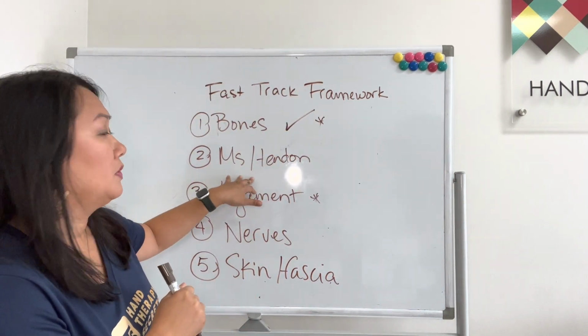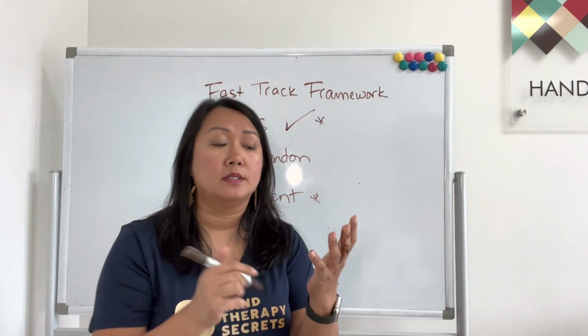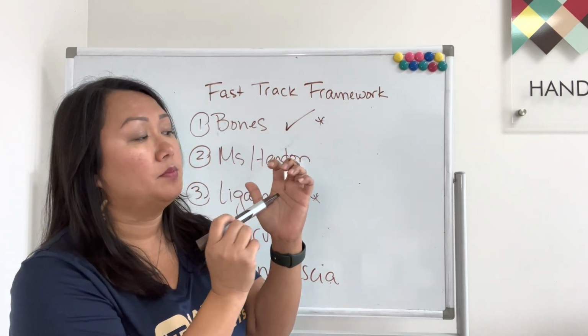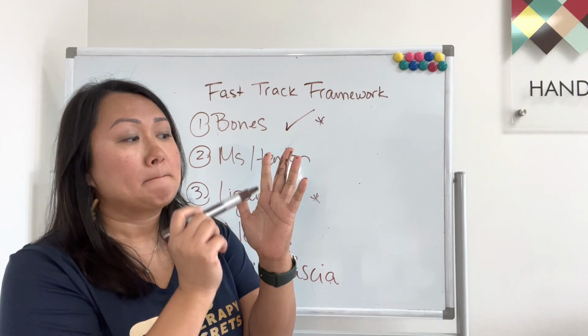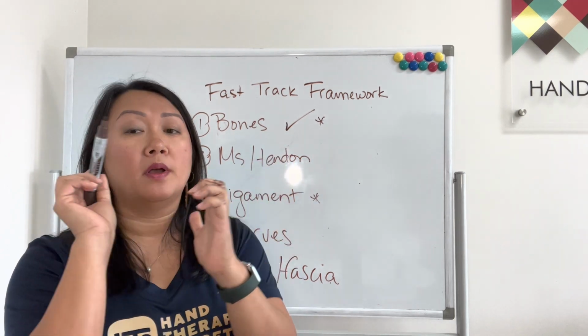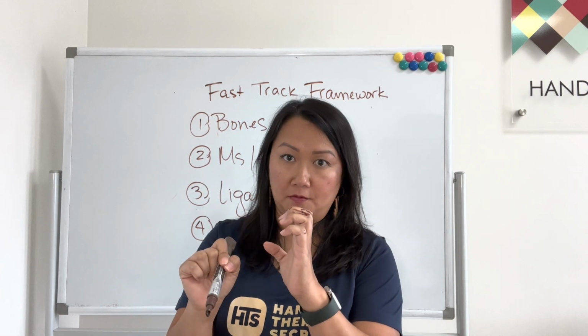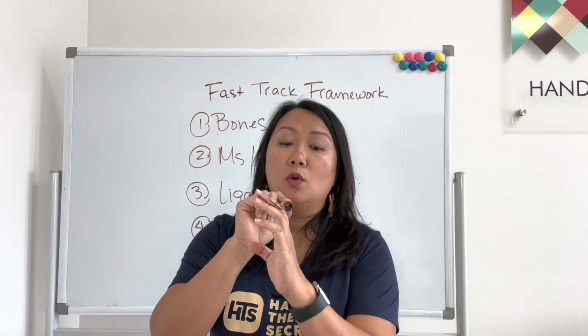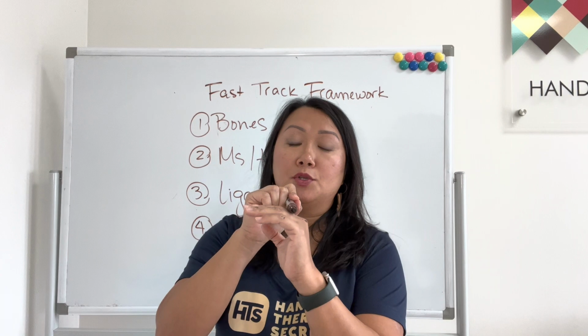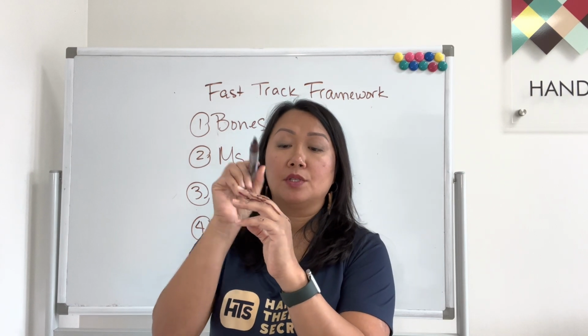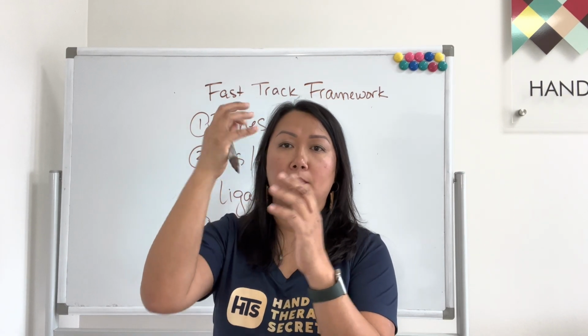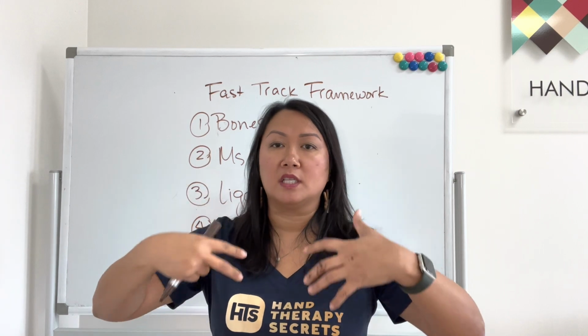What do I know about muscles and tendons? Well, like I said, the tendons have to be able to glide and move. The flexors pull, but in order for the flexors to pull, the extensors have to give. And in order to extend, our extensors, especially here in the PIP and the DIP, tend to be small, they tend to be weak.